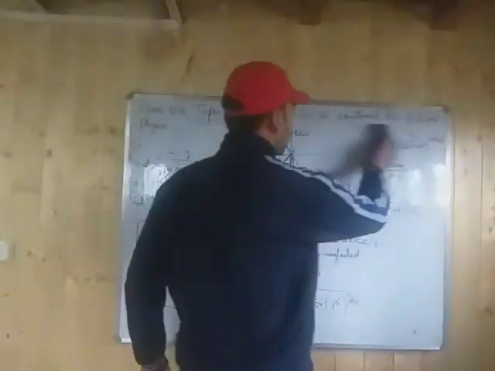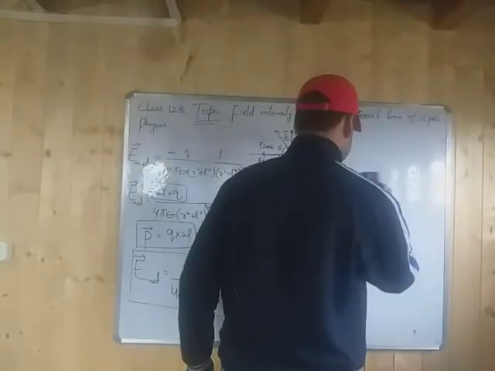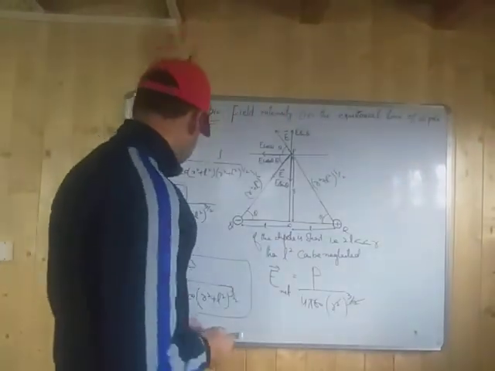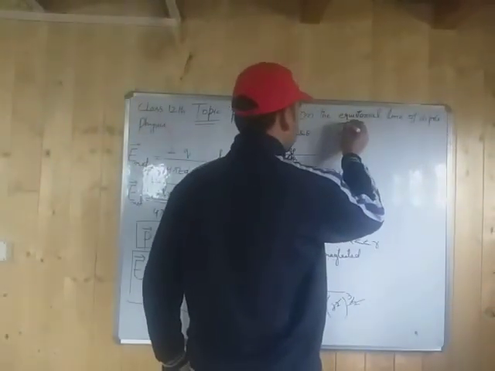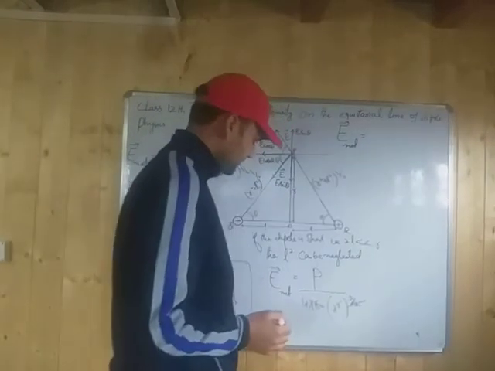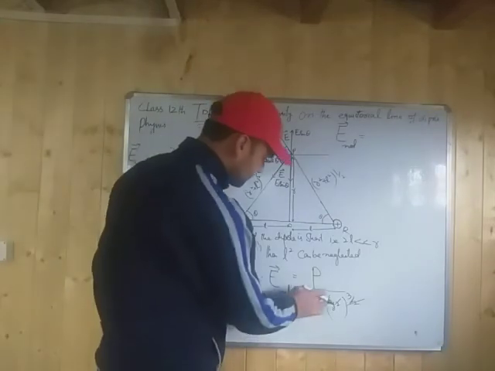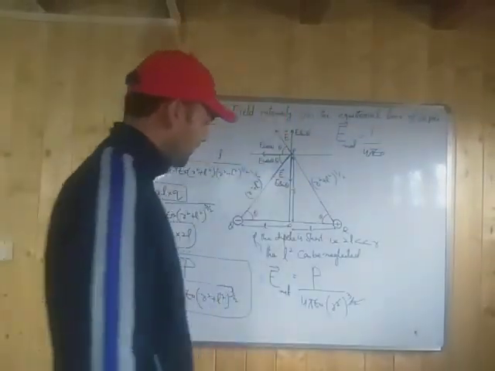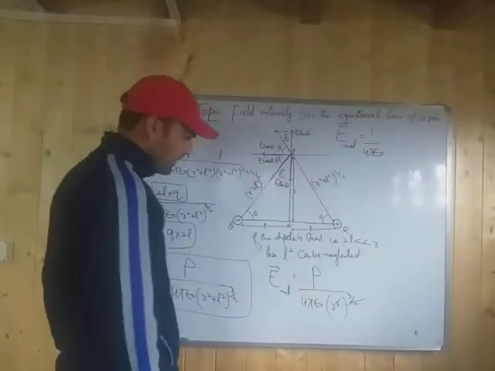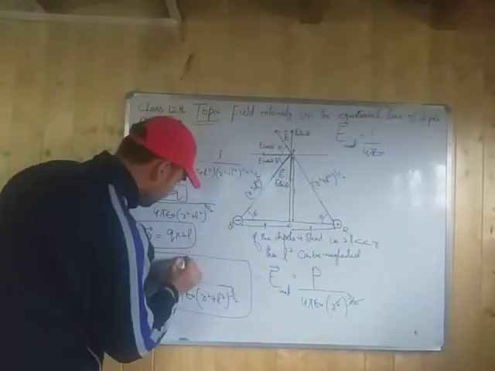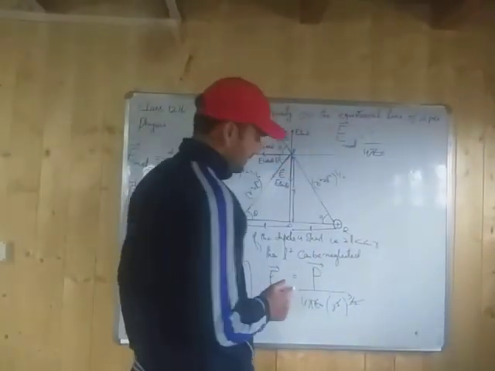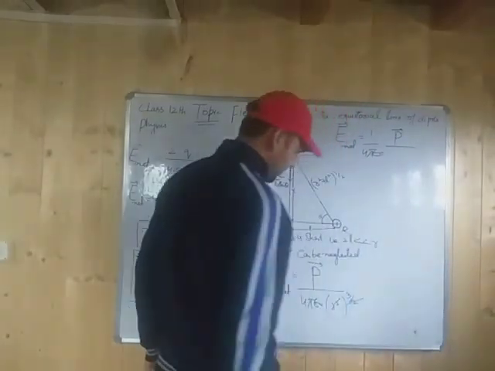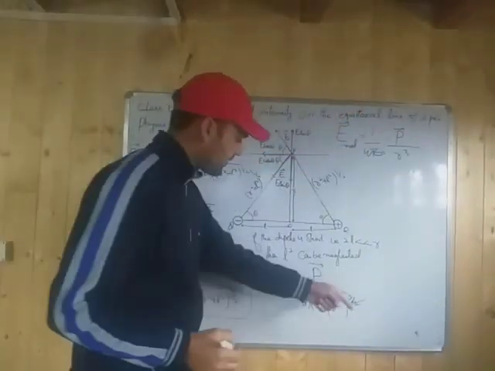Then we can write the net field E net is equal to 1 divided by 4 pi epsilon naught into P divided by R raised to power 3. This will be a vector quantity here.